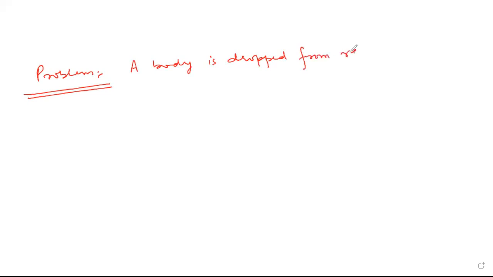So let me state the problem, then we will discuss the solution. The problem goes like this: a body is dropped from rest and falls freely.